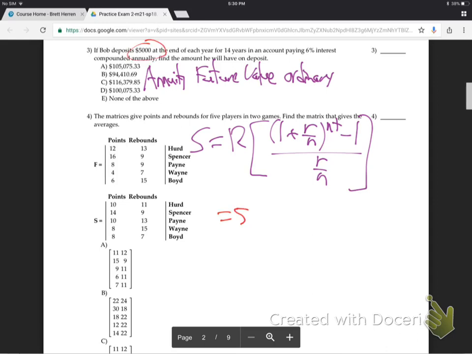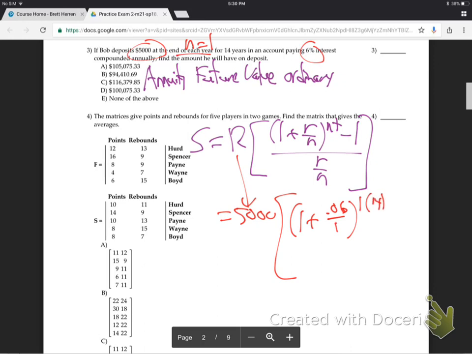That's the payments he's making. That's your R. The little r is 6%. The n, what is the n? N is the number of times per year, so that's just once per year. And it's 14 years. So 0.06 over 1. There we go. Hit the buttons on your calculator for number 3 and you'll get answer A.